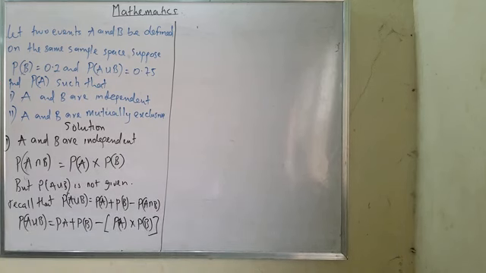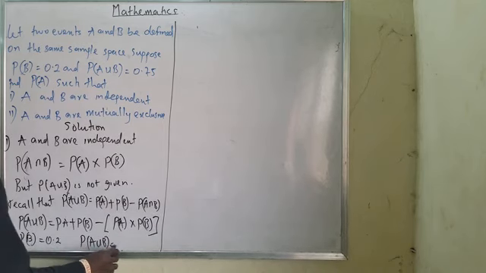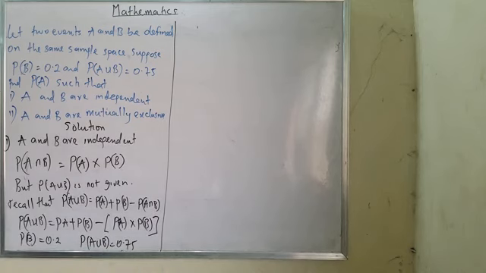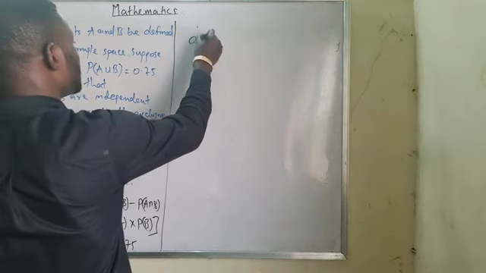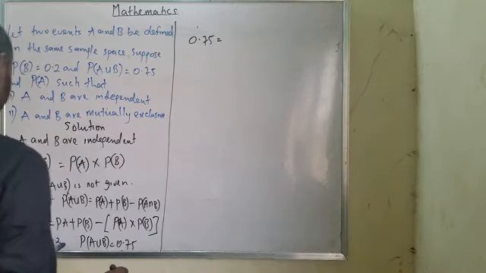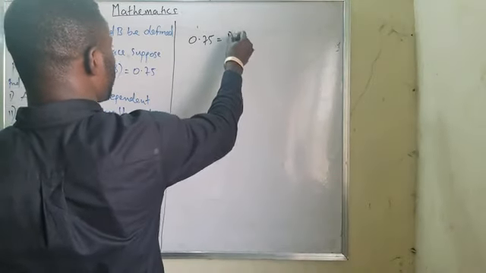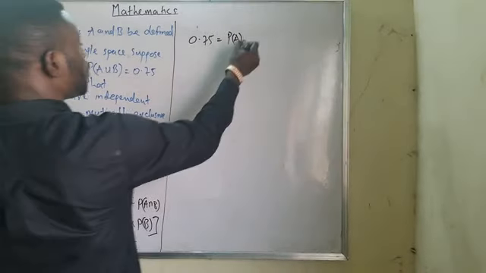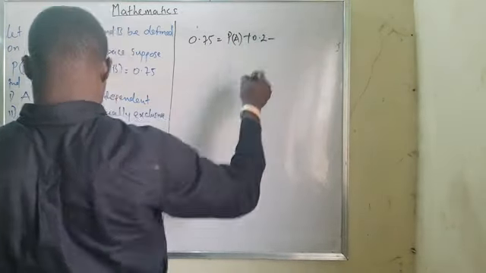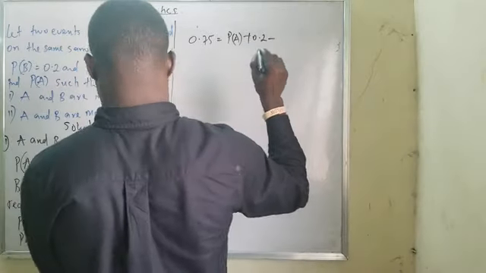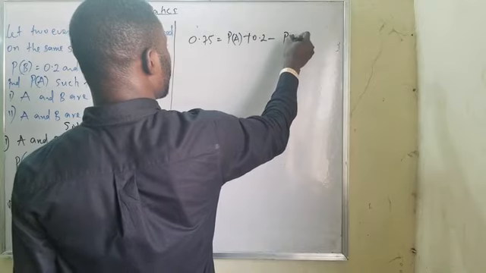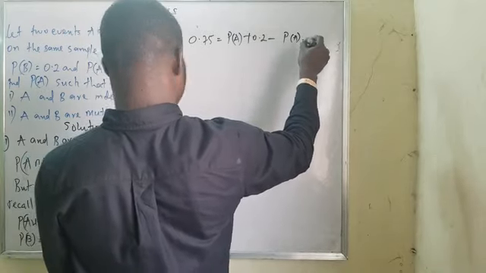Since we are told that the probability of B equals 0.2 and the probability of A union B equals 0.75, I can continue: 0.75 equals the probability of A plus 0.2 minus the probability of A multiplied by 0.2.